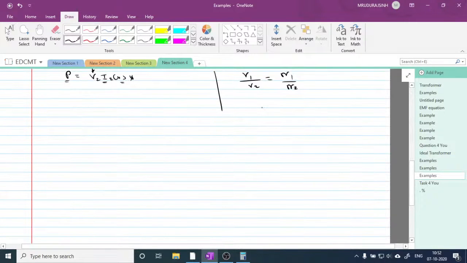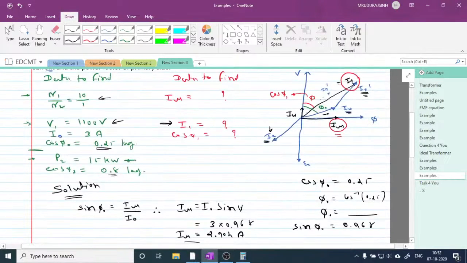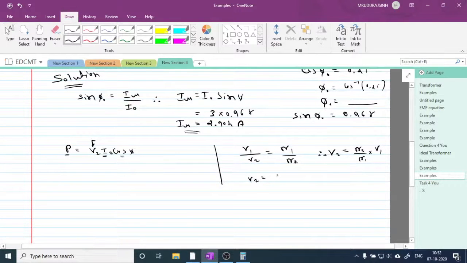So V2 is N2 by N1 multiplied by V1. N2 by N1 is 1 by 10 and V1 is 1100, so it directly gives us 110 volt. The secondary voltage is 110 volt.